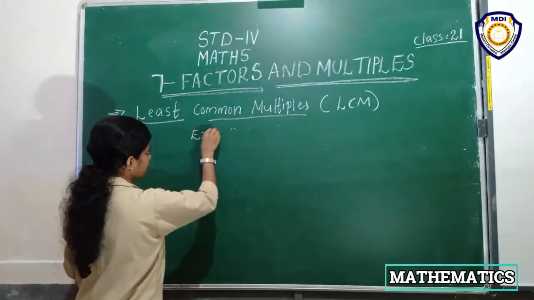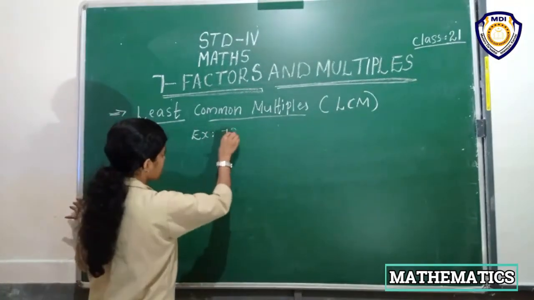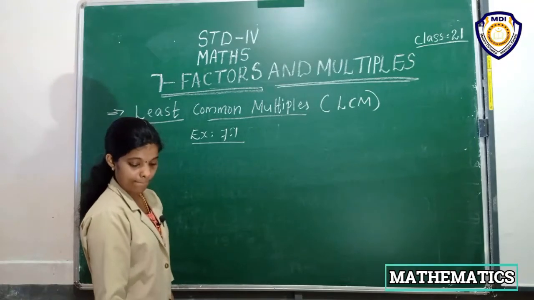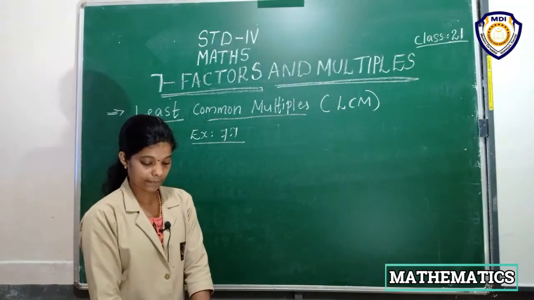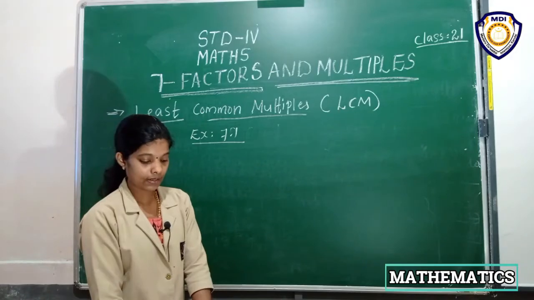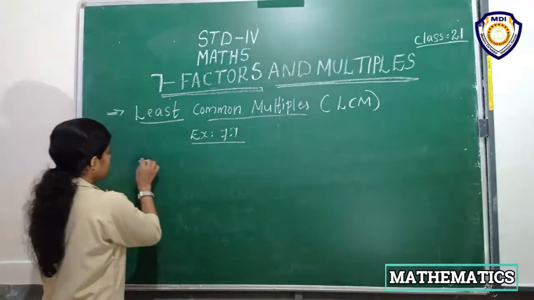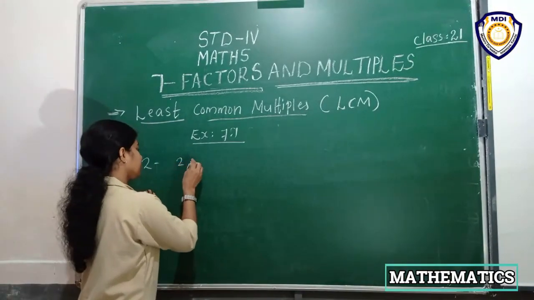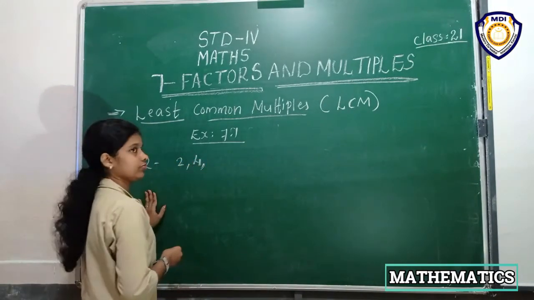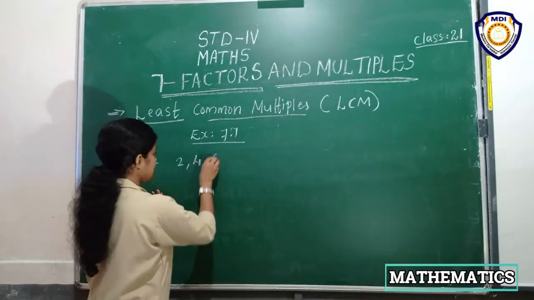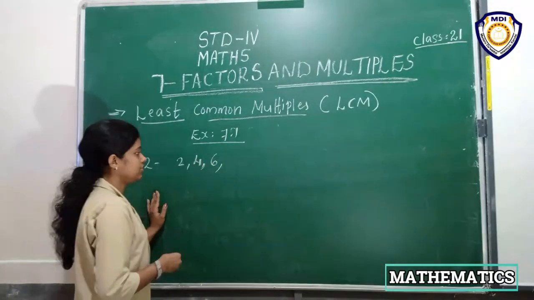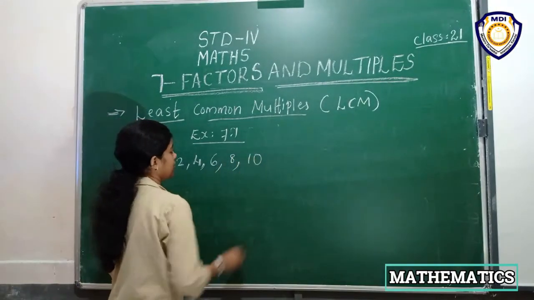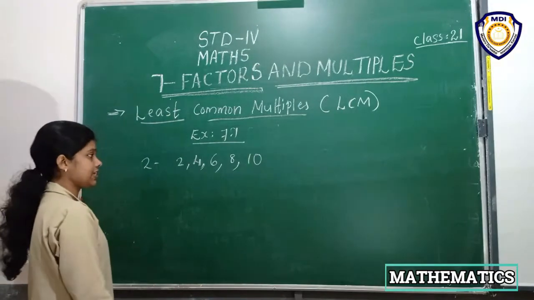Exercise 7.1. 2's multiples, first 5 multiples: 2, 4, 6, 8 and 10.